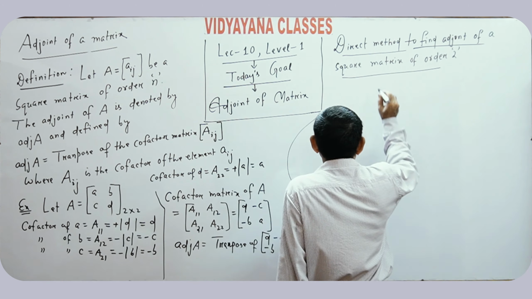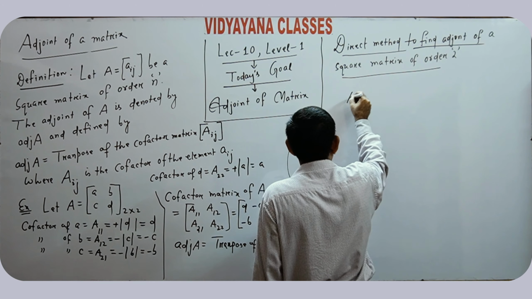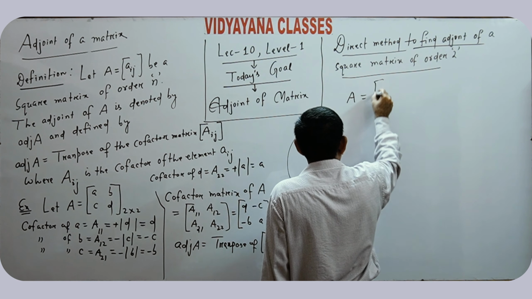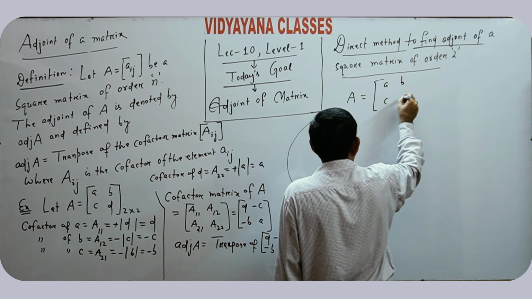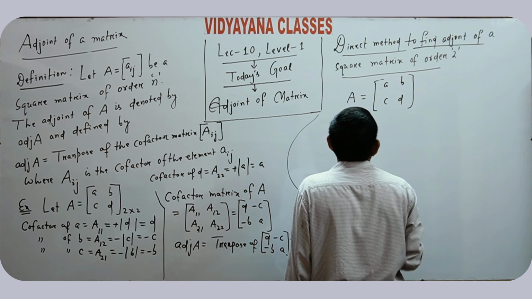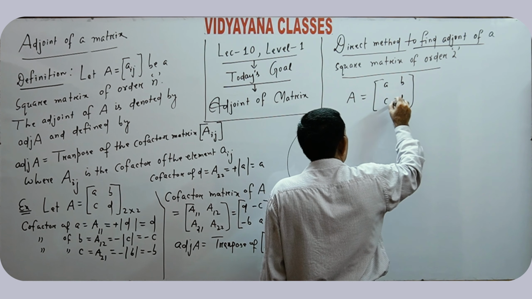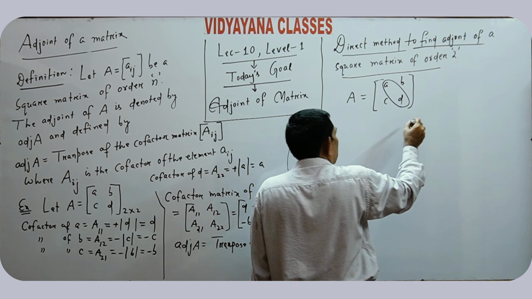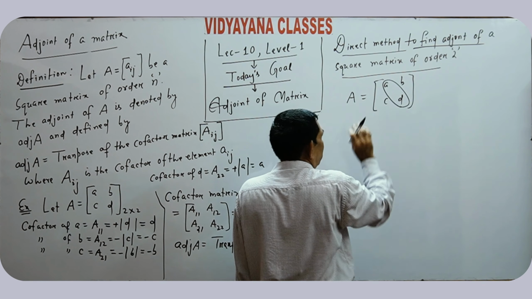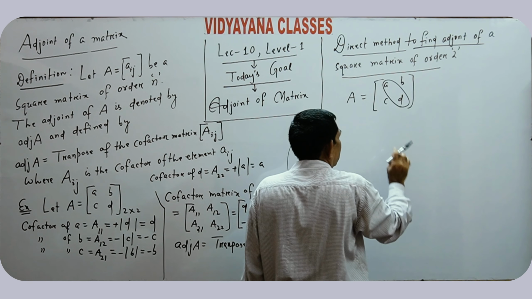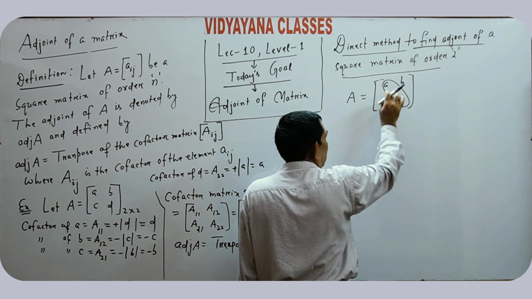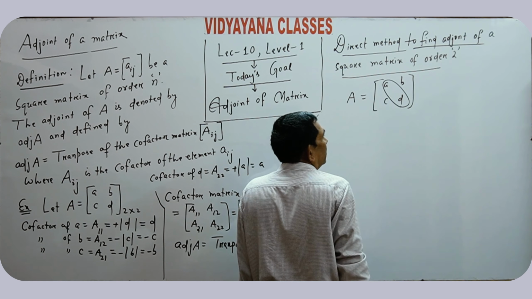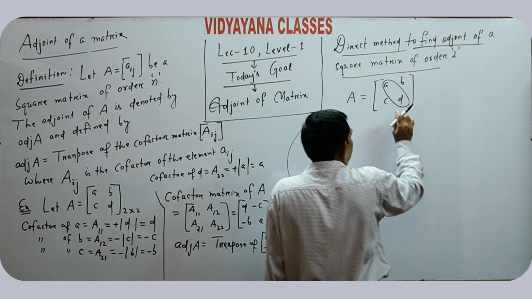In this example, A is the matrix having elements a, b, c, d. The diagonal elements are interchanged. That is the main diagonal. A and D are the elements of the main diagonal.